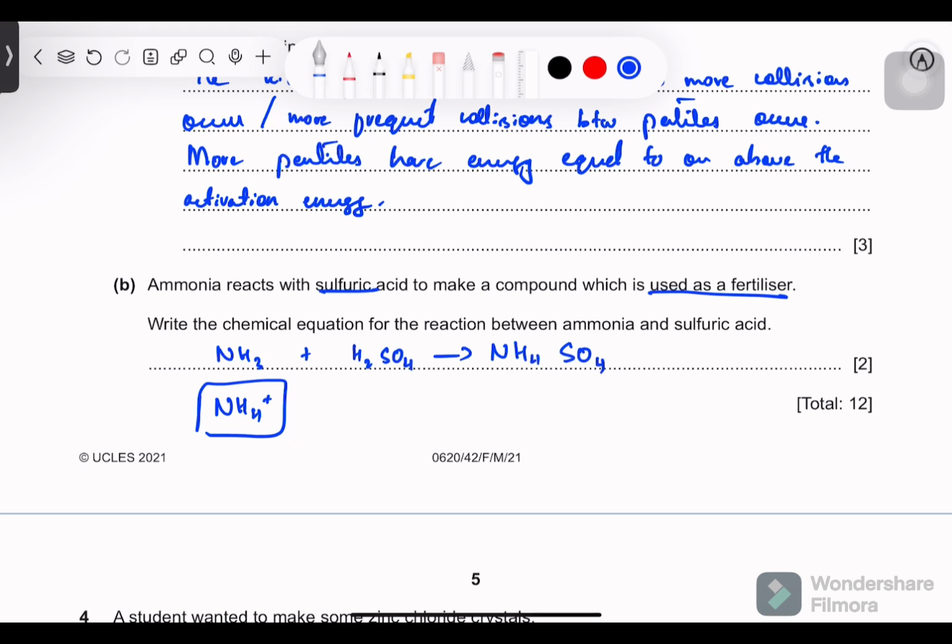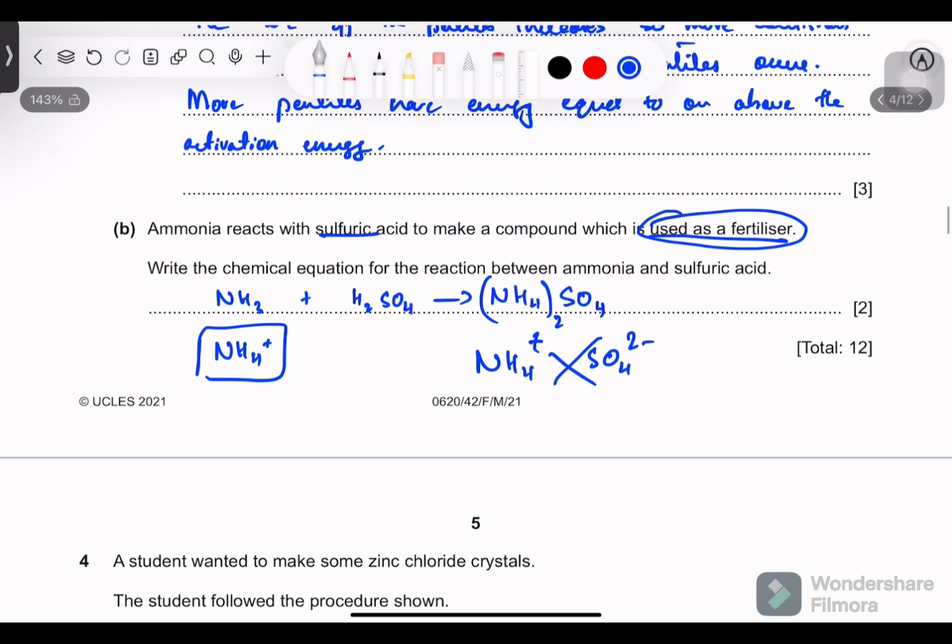But the difference is that SO4 has a charge of 2 minus. So this 2 will go over here and cross multiply, you will have a bracket. No hydrogen is needed, because an extra hydrogen is already present. We were given the hint that it is used as a fertilizer, so this ammonium sulfate is a fertilizer substance from which nitrogen is obtained.